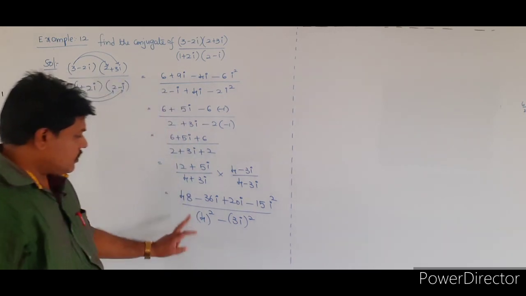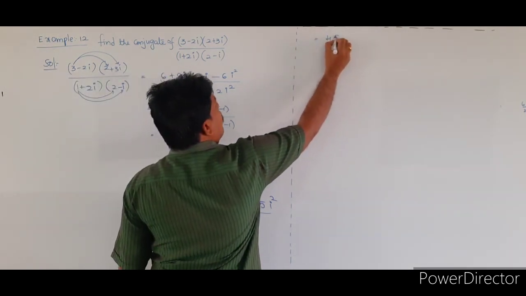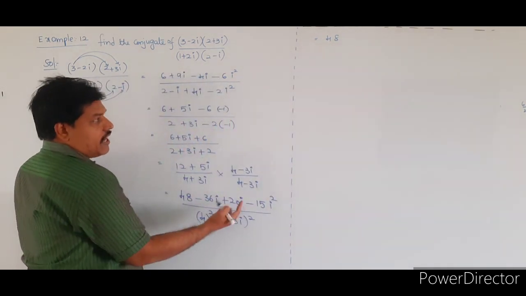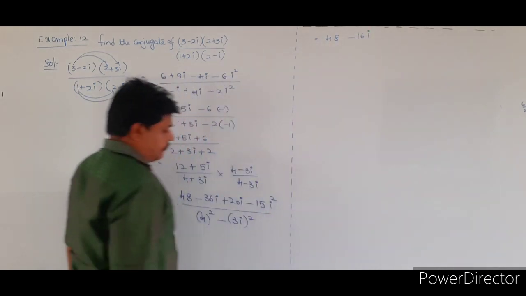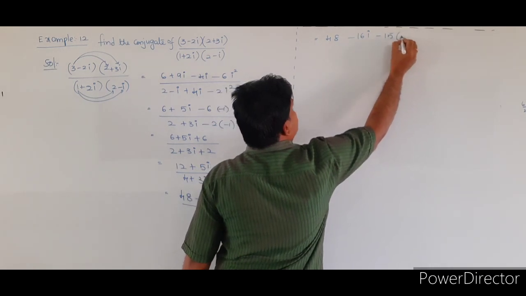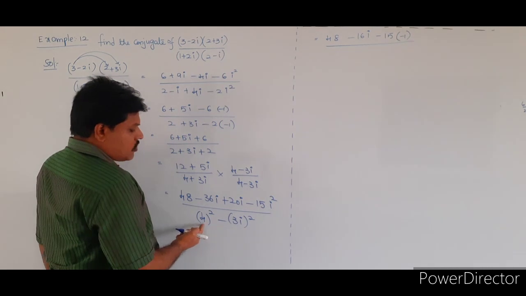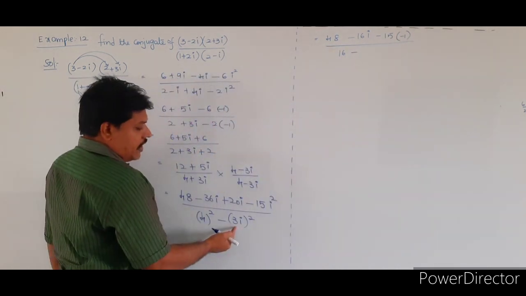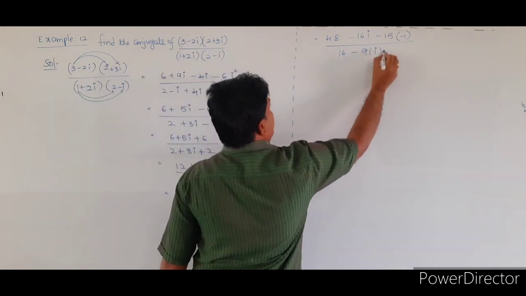So to simplify, that is equal to 48 minus 36i plus 20i, that is minus 16i, minus 15i square, with i square value minus 1, whole by 4 square, that is 16, minus (3i) whole square, that is 9i square.